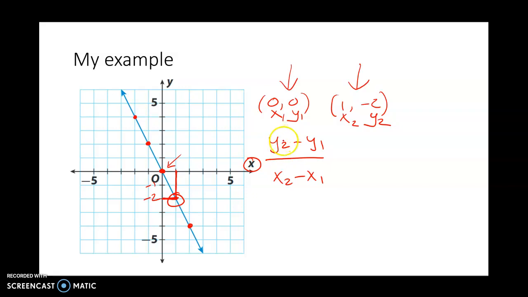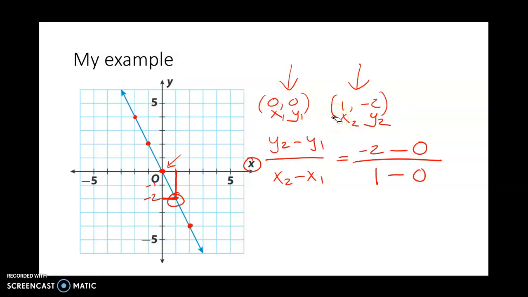So y2 is what? Negative 2. Do you see that? y2, negative 2. Minus 0, which is y1 over here. The bottom one, let's find x2. Here's x2, 1, minus x1, 0.